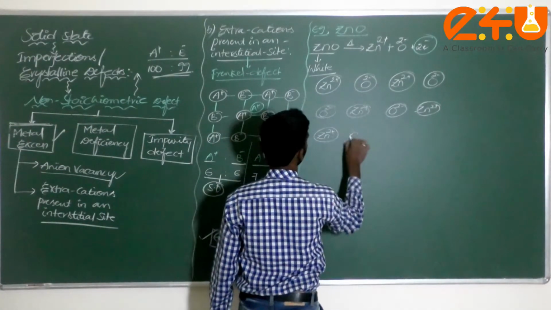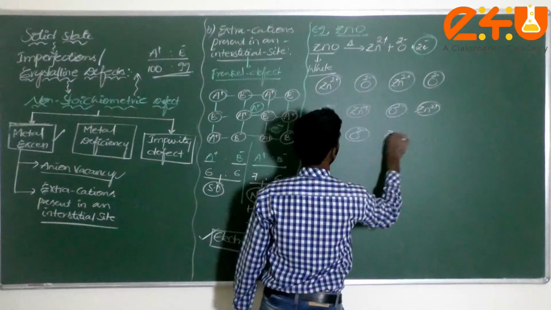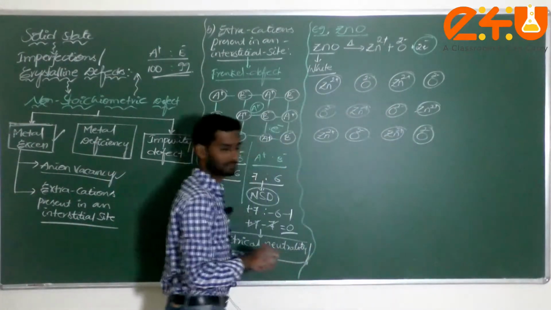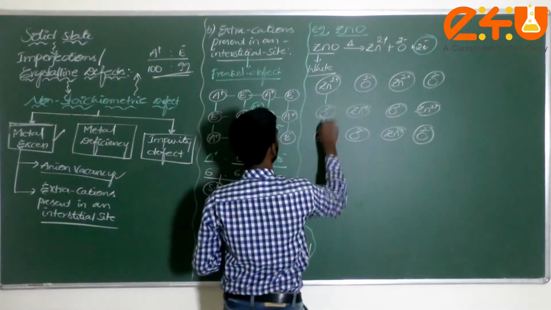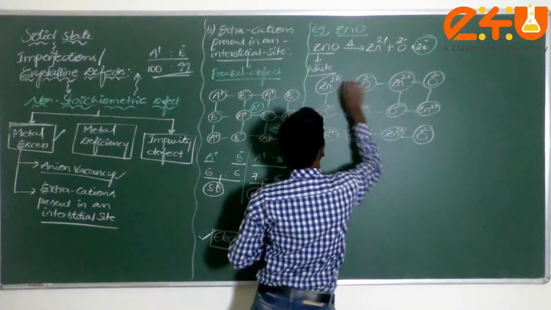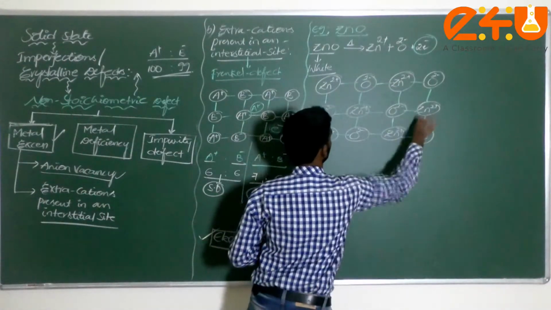Just observe, dear student, there is no confusion here. Zn 2 plus, O2 minus. Am I correct? Now I am taking the crystalline lattice here. Correct or not?